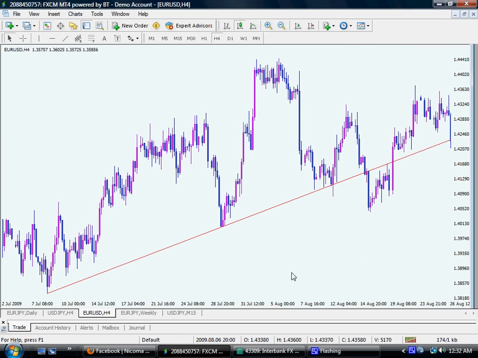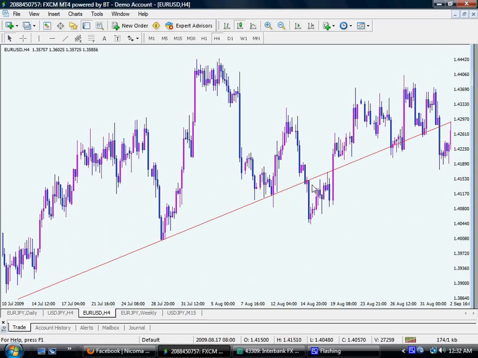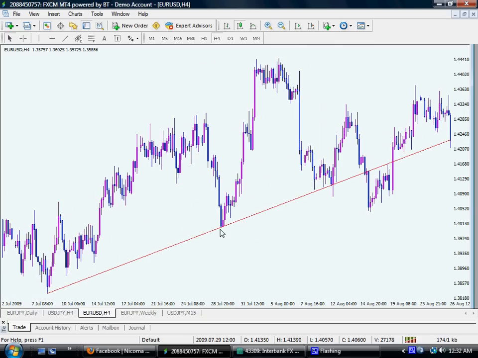Now, as you can see, this is not a perfect concept because you'll see places where price has actually broken that trend line. But I want you to think of your area of support as a zone more than something concrete. Your area of support, see it more like a trampoline.